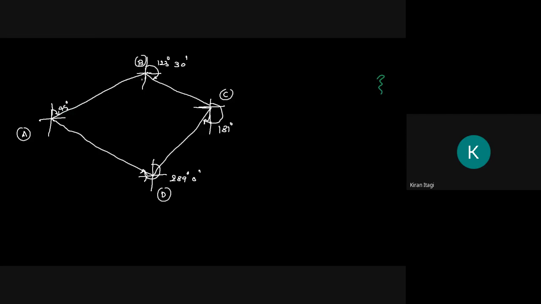For 45 degrees, its back bearing will be 45 plus 180 degrees. The angle is 225 degrees.